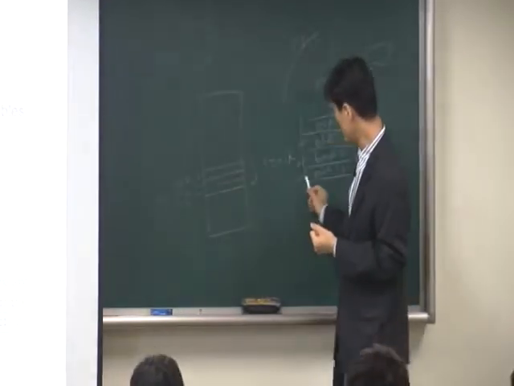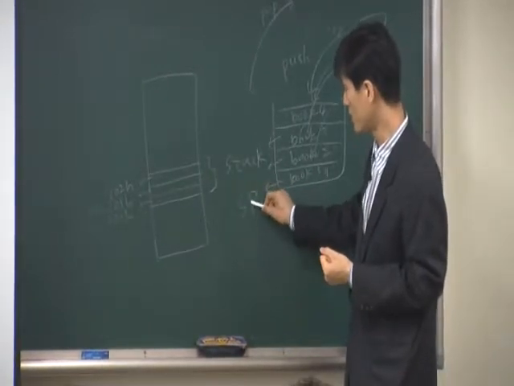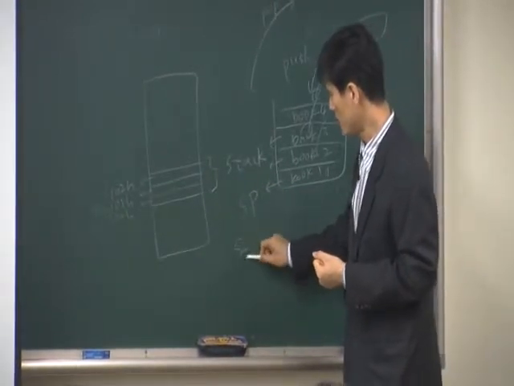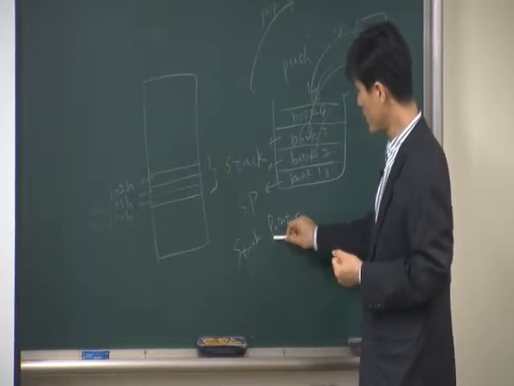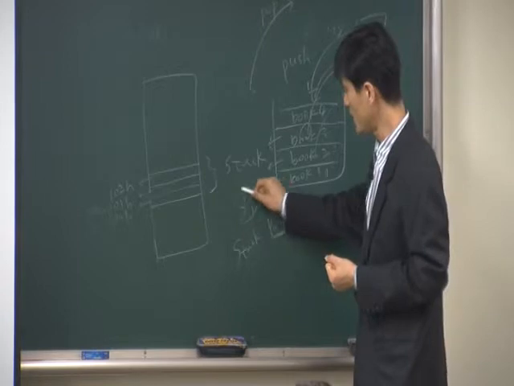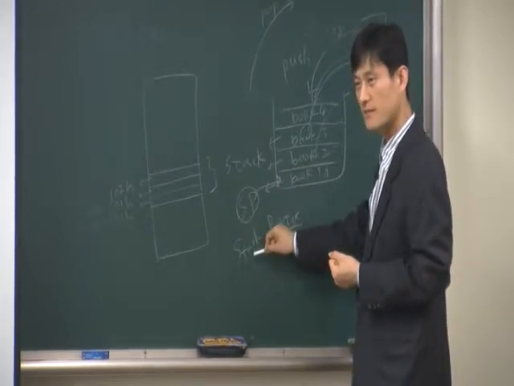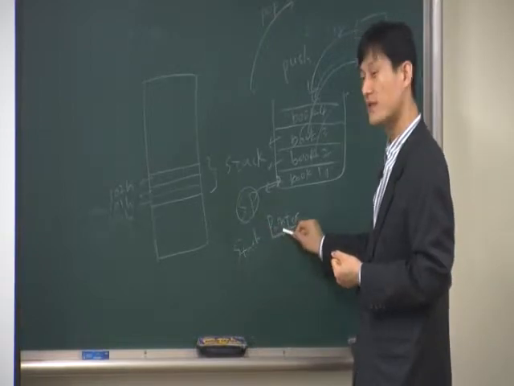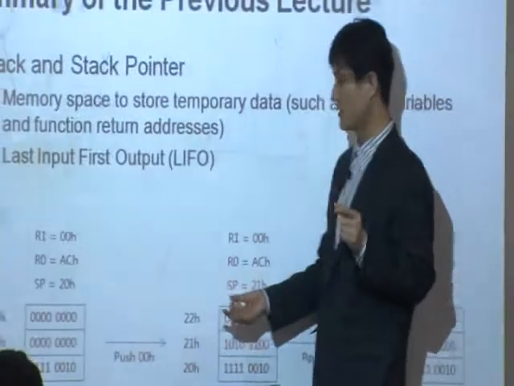As I said here, the last one, the bottom address, is called the stack pointer, because this SP points to the bottom address of the stack. That's why we call it a pointer, stack pointer. The stack pointer is a register.